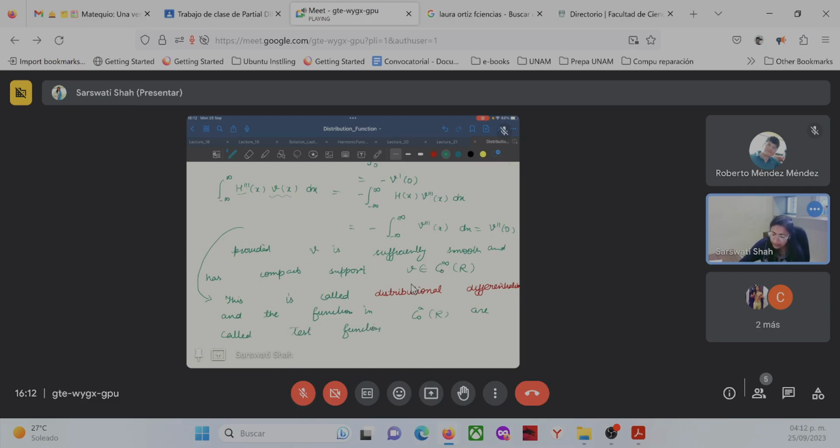So basically this v is also defined here as a test function, and also this v was defined as a test function when we were talking about the weak solution of the first order Cauchy linear partial differential equation.